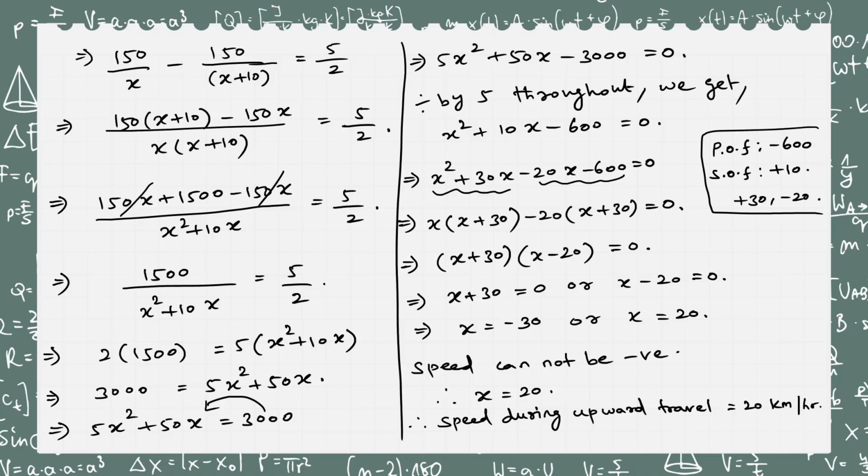That is what we have taken as x, right? And speed during downward travel is 10 kilometers more than the previous one. So 20 plus 10, 30 kilometers per hour. Okay, that is the conclusion. Let us move on to the next sum.